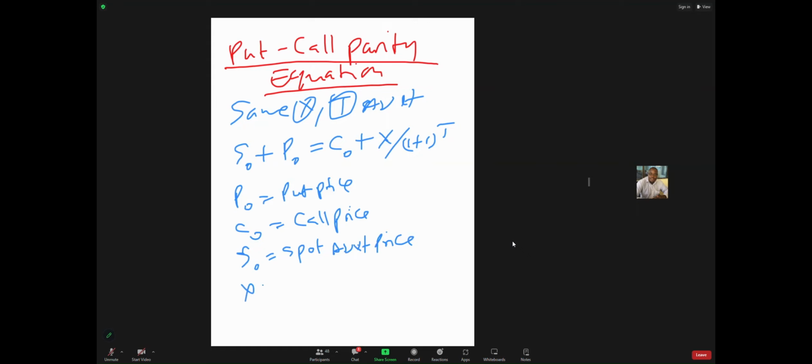Then X remains the exercise or strike price. In the American style, it is the strike price.